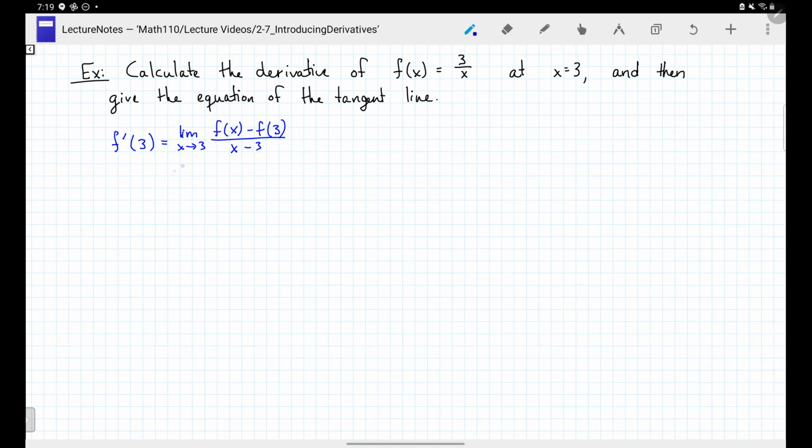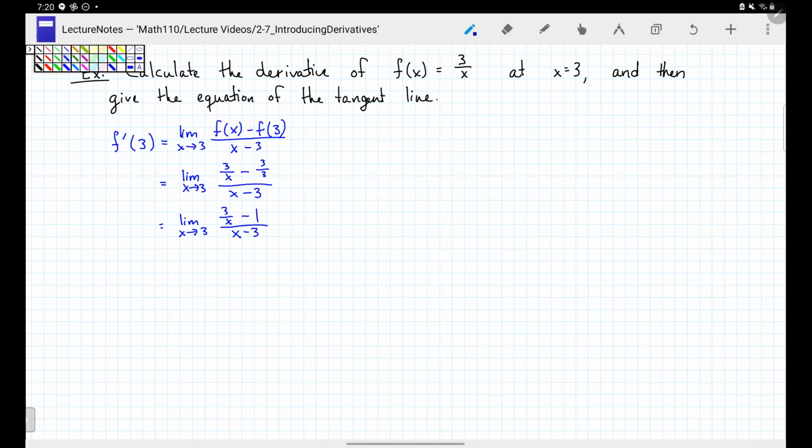Okay, so we're going to calculate that. f of x is 3 divided by x, so this is the limit as x approaches 3 of 3 divided by x, minus f of 3, which is 3 divided by 3, divided by x minus 3. Simplify this a little bit. This is the limit as x approaches 3 of 3 over x minus 1, divided by x minus 3.